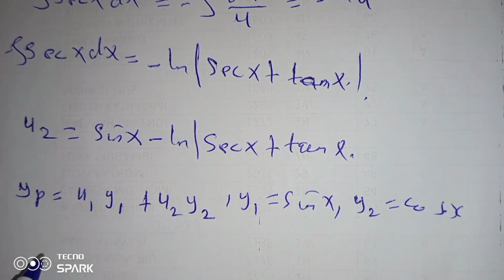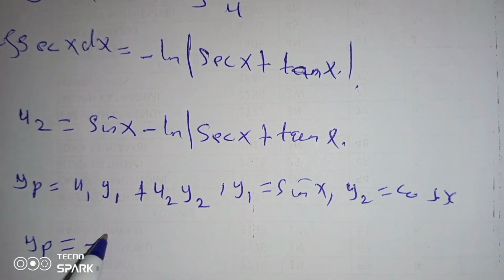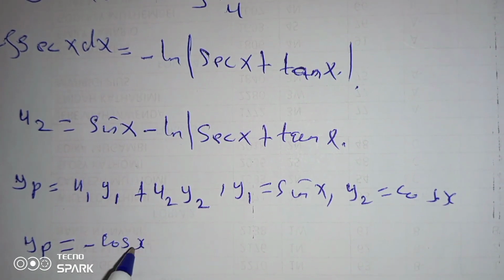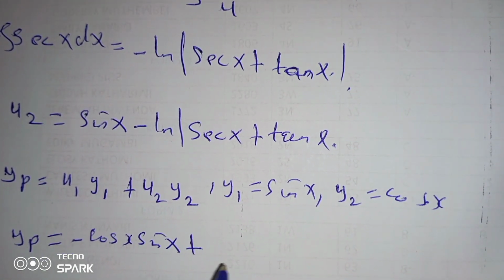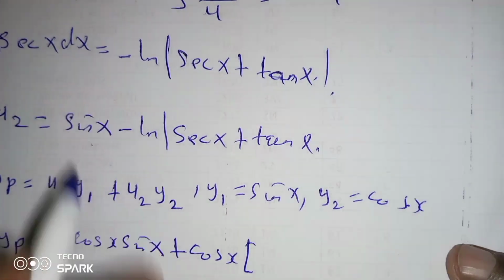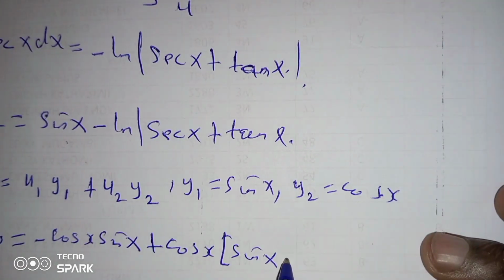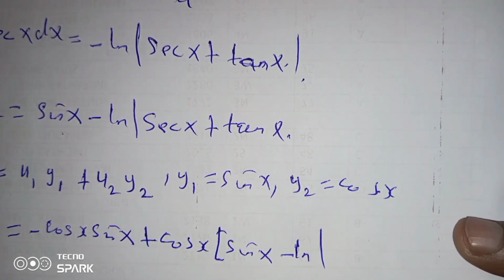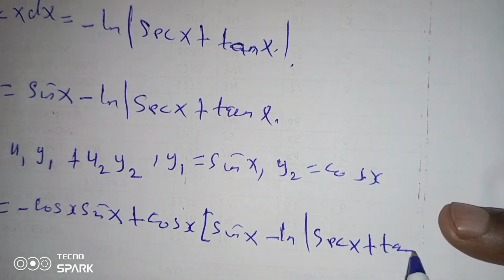So we are going to have our yp is equal to negative cos of x sin of x, then plus cos of x into bracket, this part here, sin of x minus natural logarithm of sec of x plus tan of x.